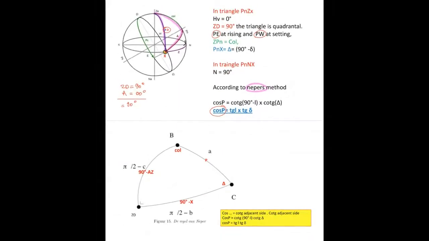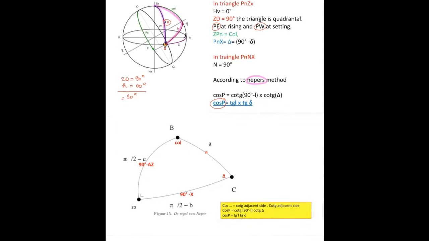You have learned during the mathematical course of Mr. Buchan that according to the rules of Napier, you can represent this spherical triangle this way. You say, my zenithal distance here is 90 degrees. And what do I do then?